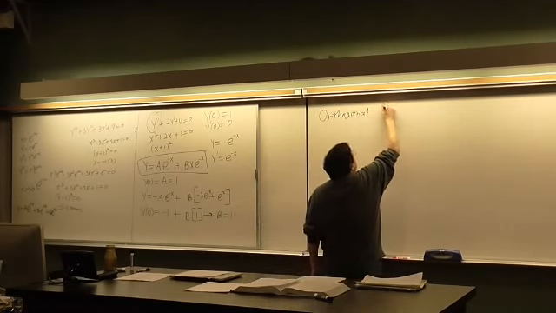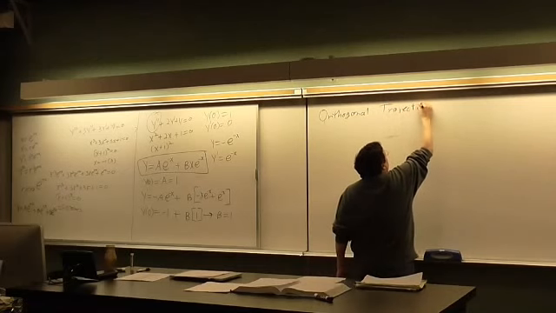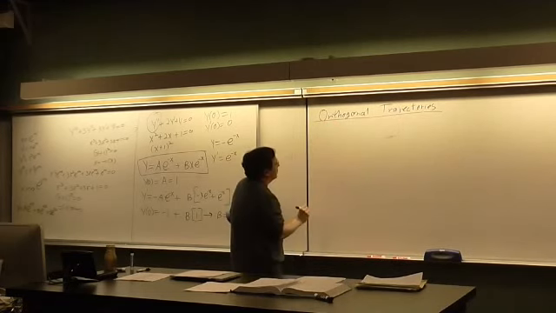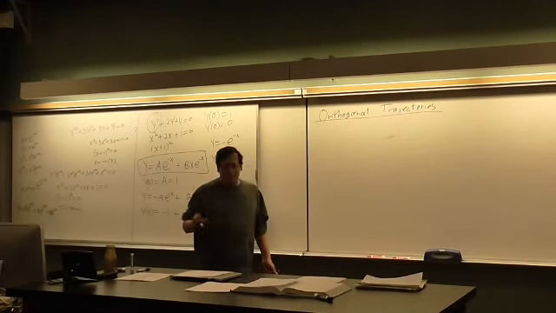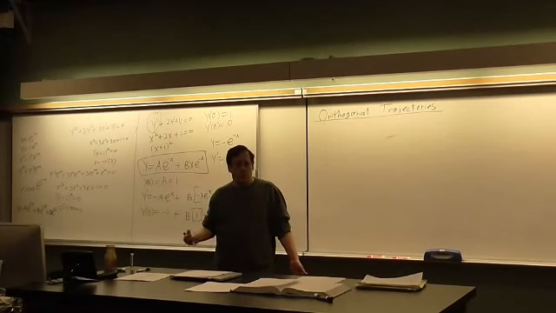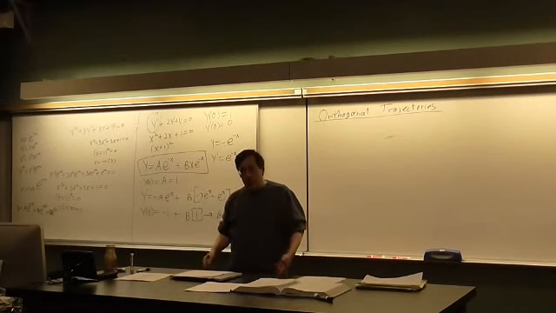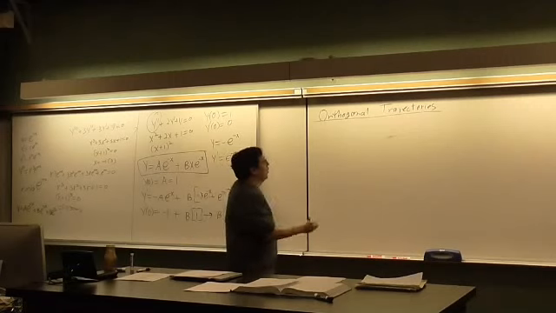Orthogonal trajectories. Now, this is already a little confusing, so let's simplify it a little. Can someone tell me what orthogonal usually means? Orthogonal. Uh-oh. Well, this is an important mathematical vocabulary word.